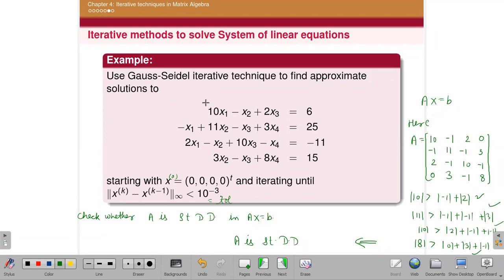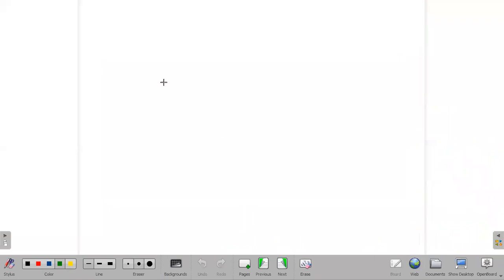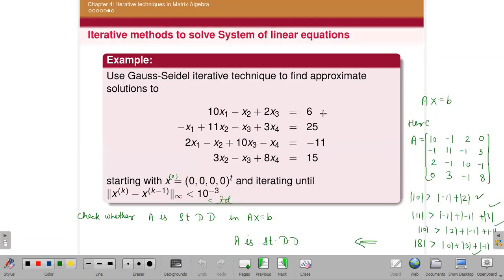Now use the Gauss-Seidel method. So write the equations. This is the first equation, this is the second equation, this is the third, and this is the fourth.